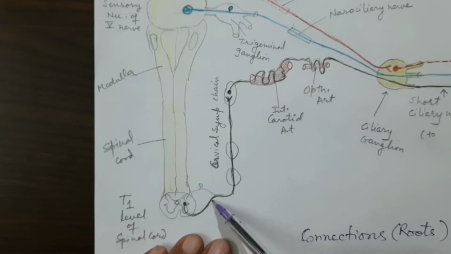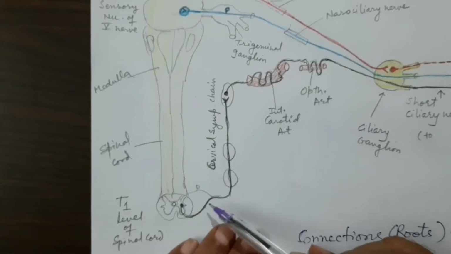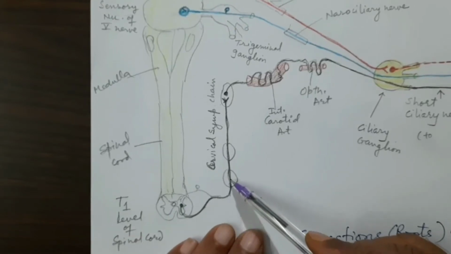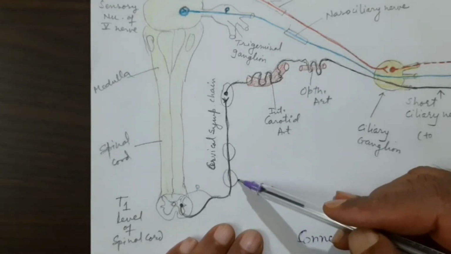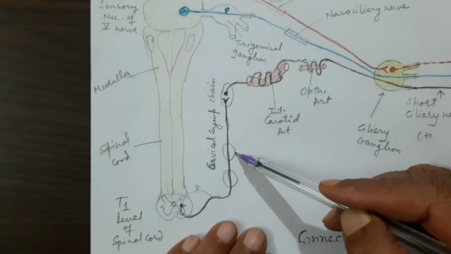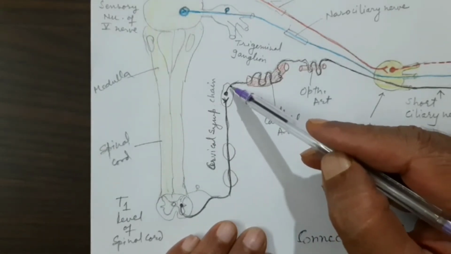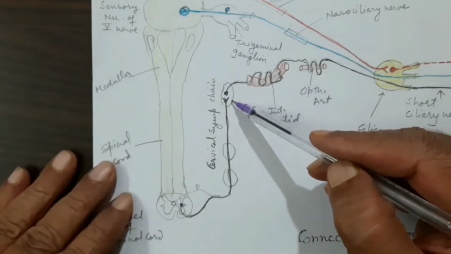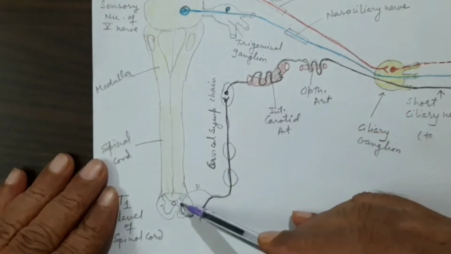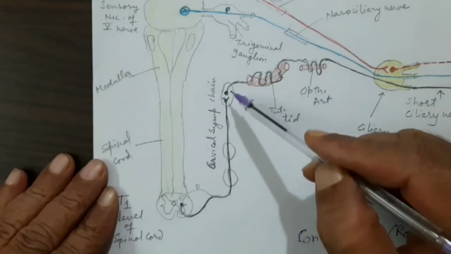Then it runs with the ventral root of spinal nerve T1, then it jumps to the sympathetic chain. This is the inferior sympathetic ganglion, the middle cervical ganglion, and this is the superior cervical ganglion at the base of the skull, where these preganglionic sympathetic fibers will relay.